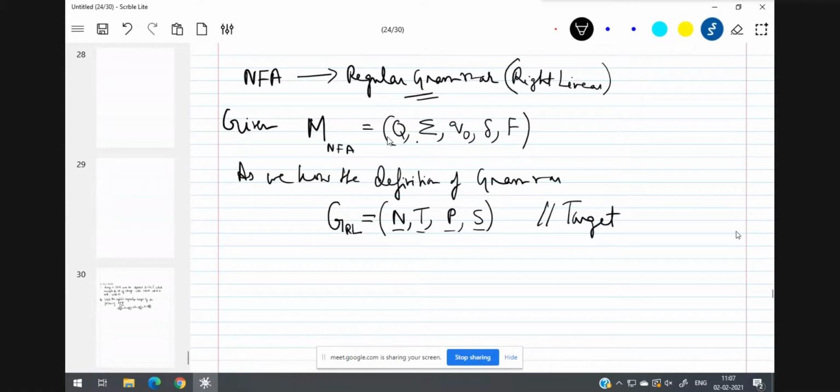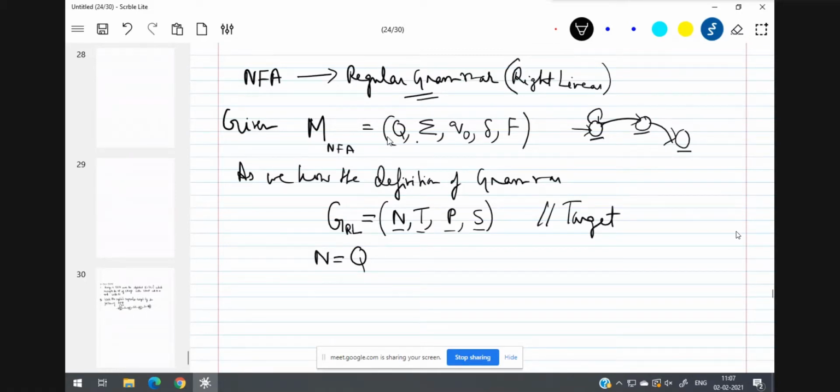Now, N, from the given machine, will be nothing but the set of states. Whatever states we have in the NFA, with whatever arcs and however many states, all these states in the NFA we are going to consider as non-terminals.